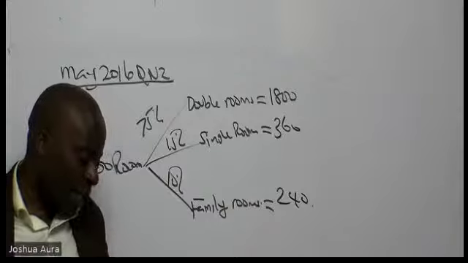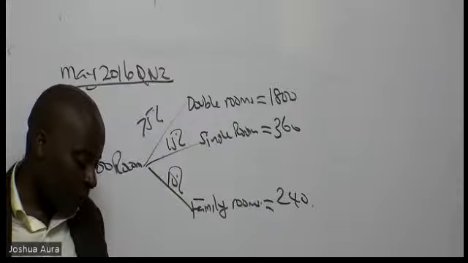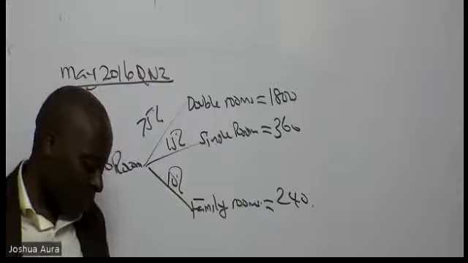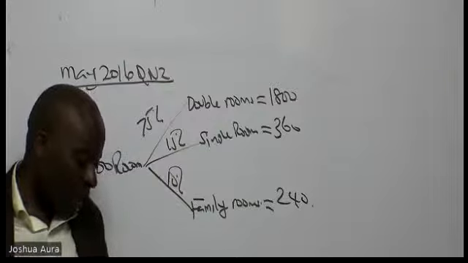For each shillings 100 increase or decrease, they expect the number of rooms to decrease or increase respectively by 40. The objective of the hotel management is to maximize profit. Great. The fees that should be charged per double room per night in order to maximize profit during the tournament.